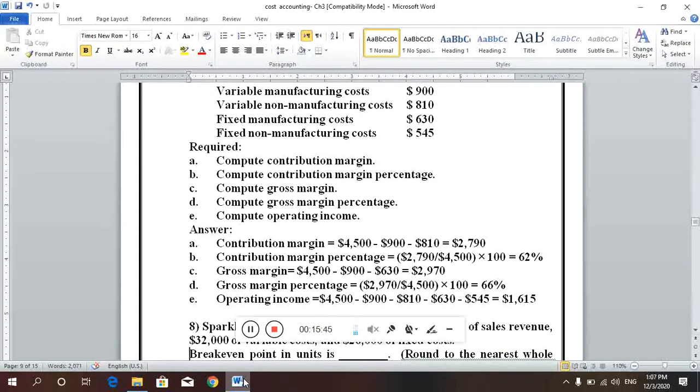So sales revenue equals $4,500 minus all manufacturing and operating costs, $900 minus $810 and $630 and $545. It will equal $1,615. This is the operating income.